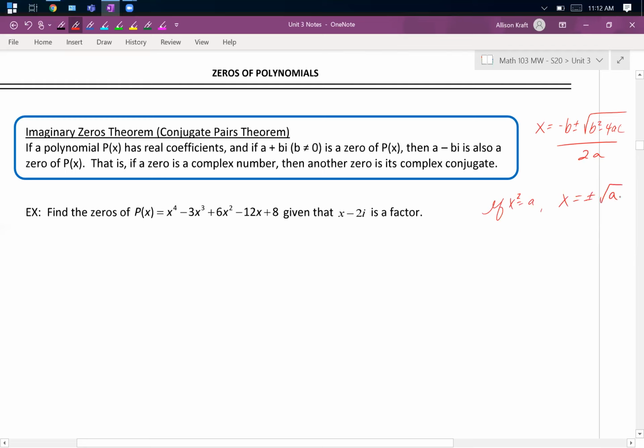Those are our only two techniques that have the square root and give us that imaginary number. And you'll notice that both of these techniques have something in common, and that's the plus or minus. So that's why we get a plus and a minus with these imaginary or complex zeros. If a plus bi is a 0, then a minus bi is automatically a 0 because of the whole plus or minus in our solving technique.